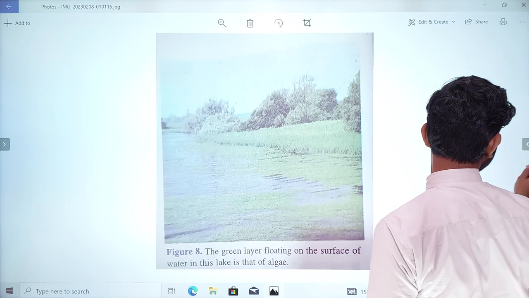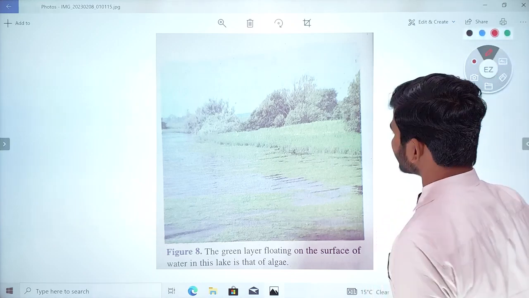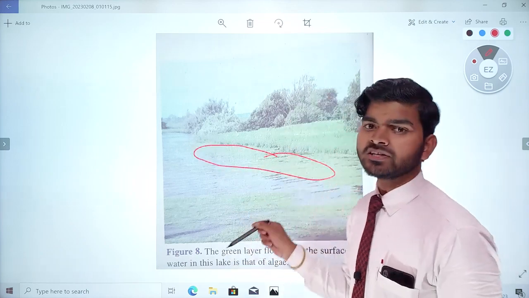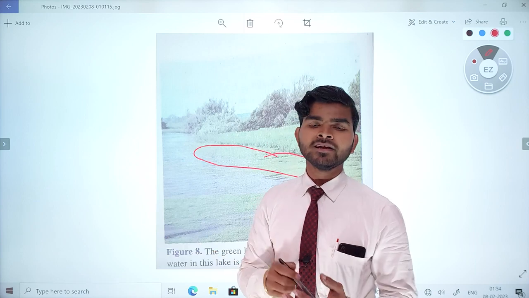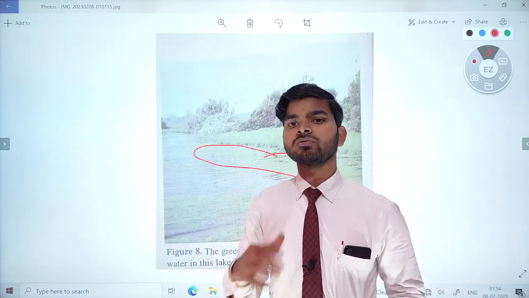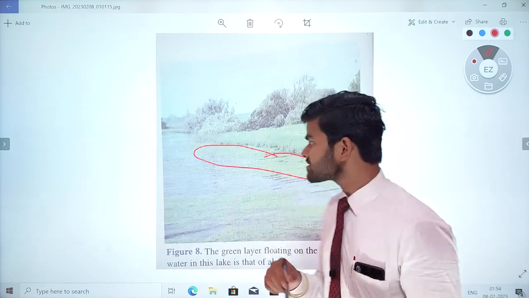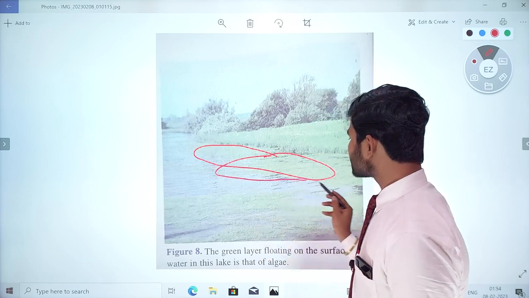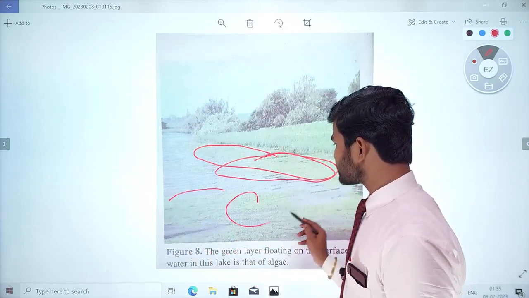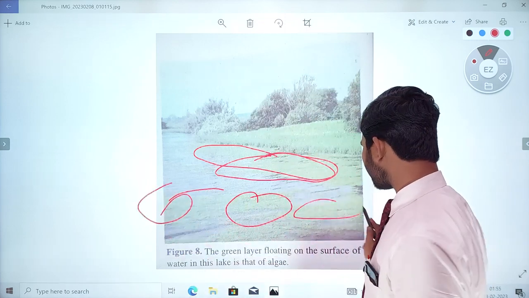This green color is algae, which is present in a pond or in a lake. If the pond is not cleaned for six months or a year, then algae will develop automatically. Maybe this pond is present in a jungle, so that's how algae looks like this.